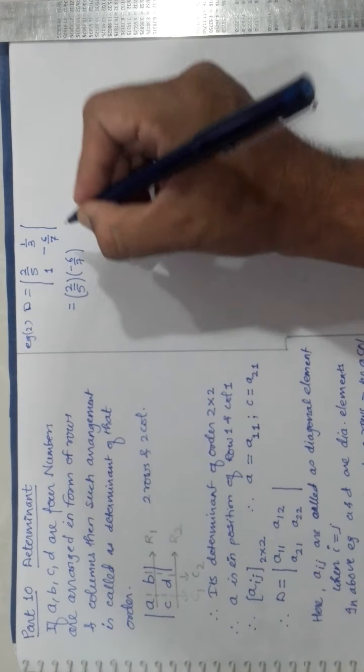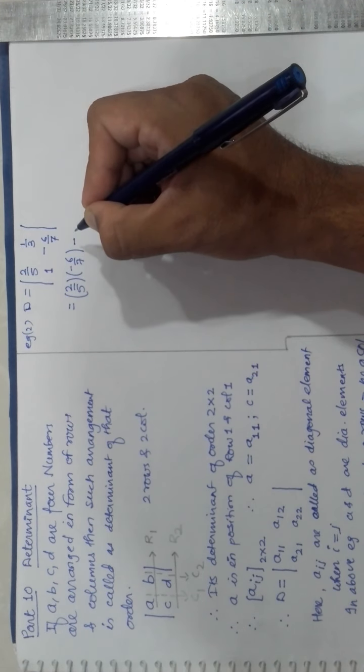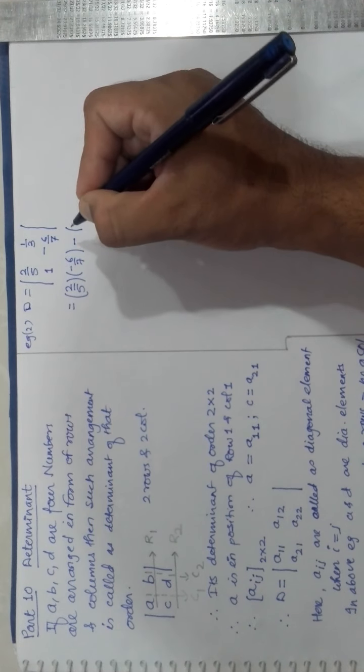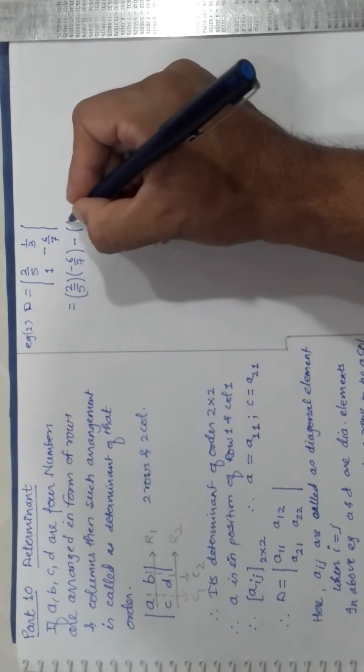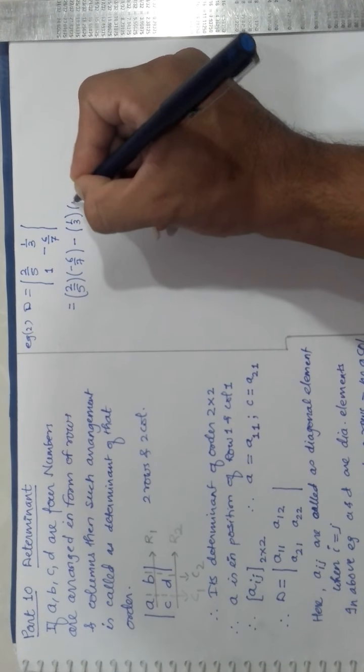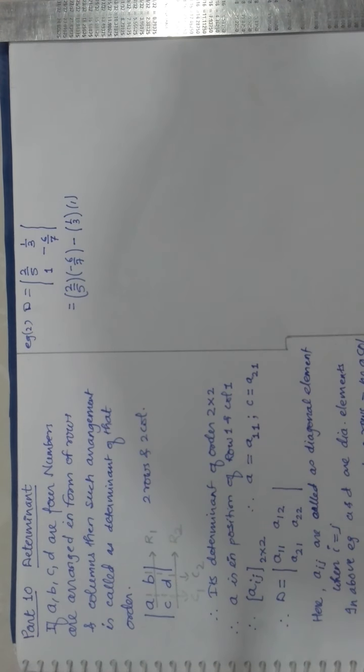Agreed? Then the minus sign into the product of non-diagonal elements, that is 1 by 3 into 1. Mind that you put brackets so that you will not make a mistake with the sign. I have written 2 by 5 in brackets, then minus 6 by 7 also in brackets.